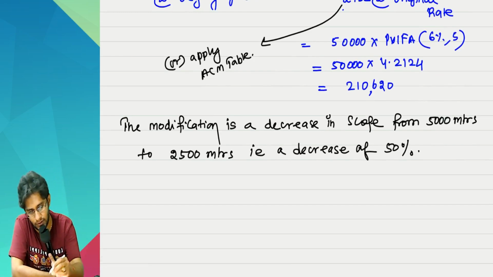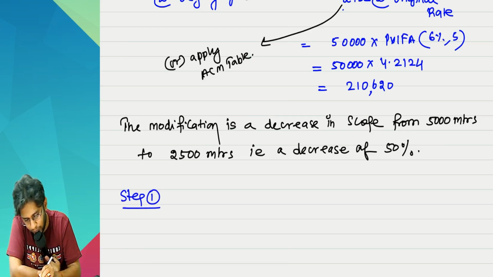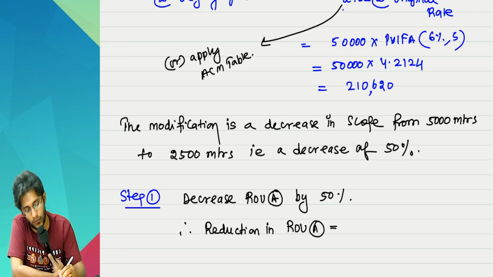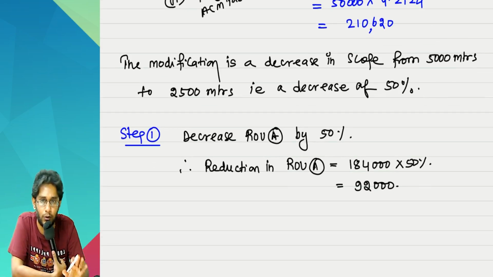If there is a change of 50%, step number 1: decrease the ROU asset by 50%. Therefore, reduction in ROU asset is equal to 184,000 into 50%, 92,000. The remaining balance will be another 92,000. That we will summarize later on.